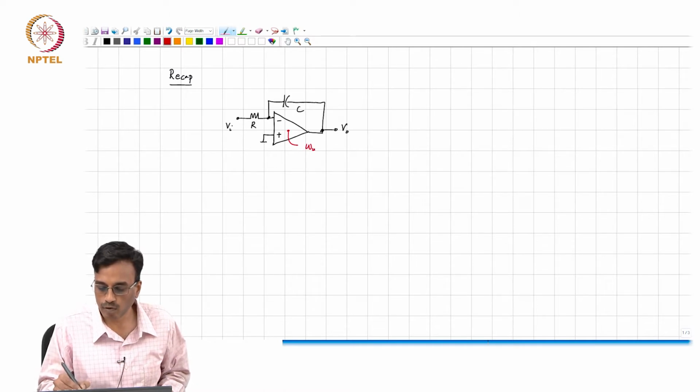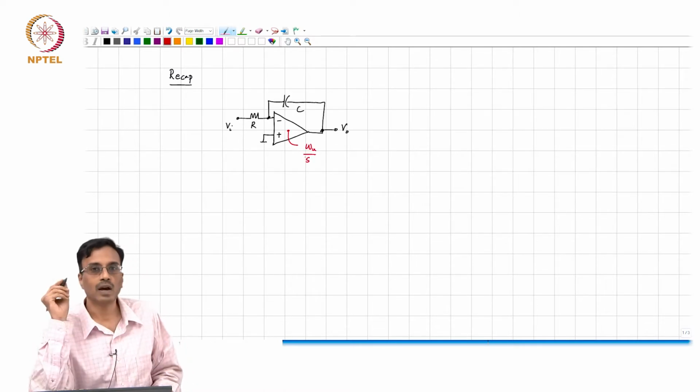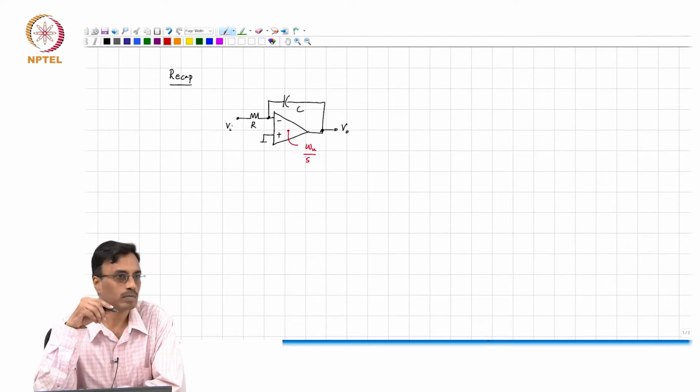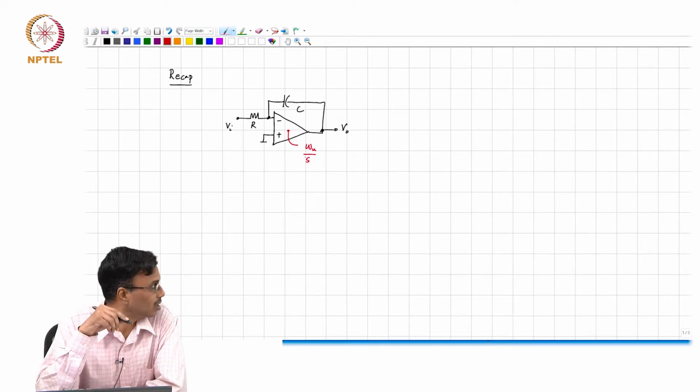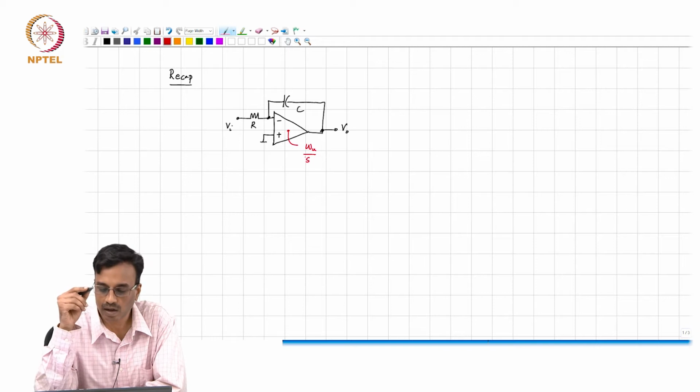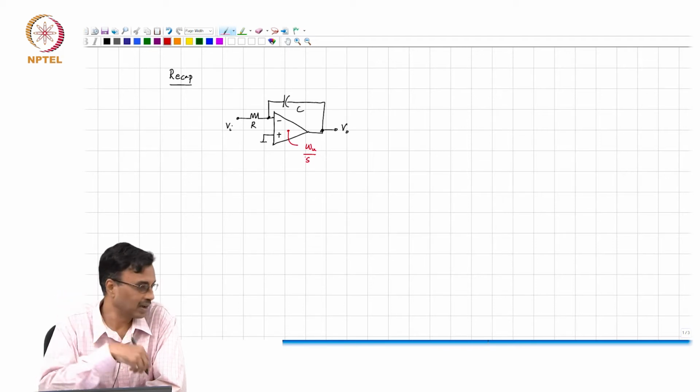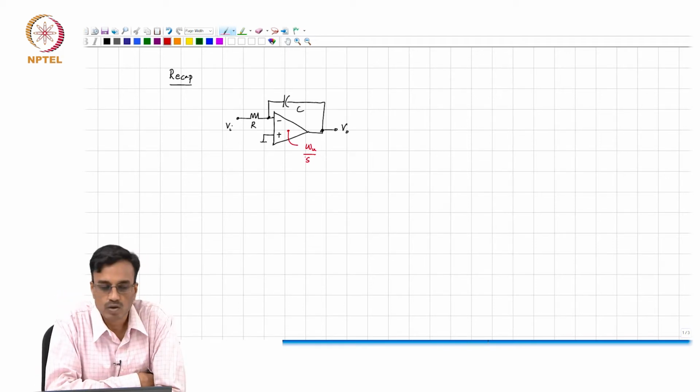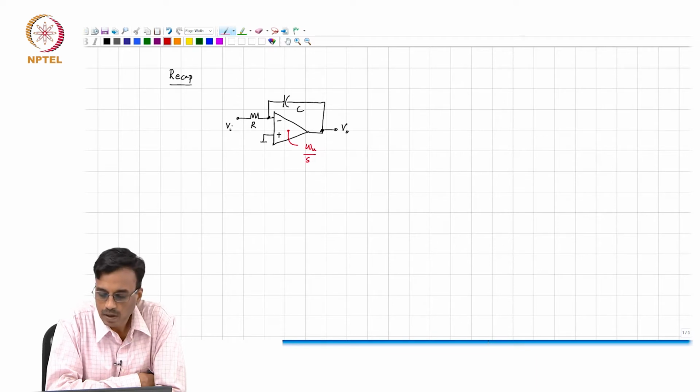op-amp is of the form omega u by s, and we now know why that model comes about, where you assume that the op-amp is typically realized using Miller compensation, and therefore you have a dominant pole and a large DC gain.